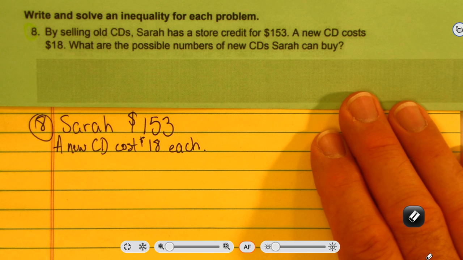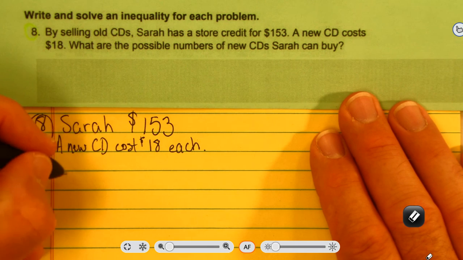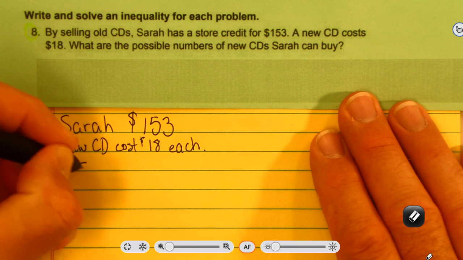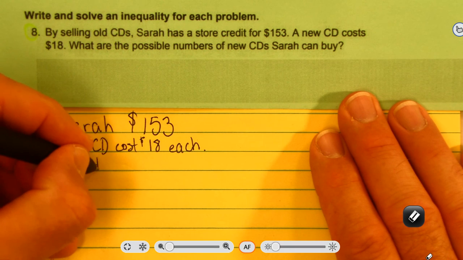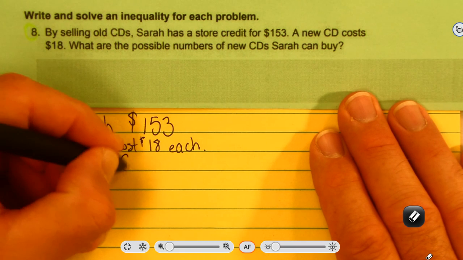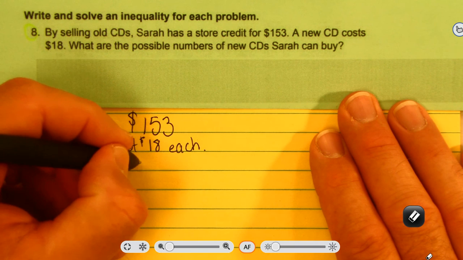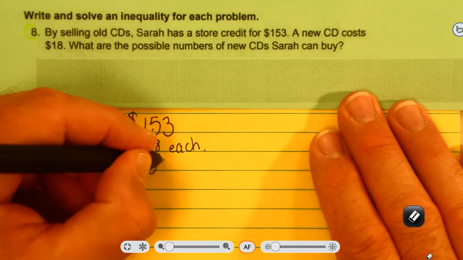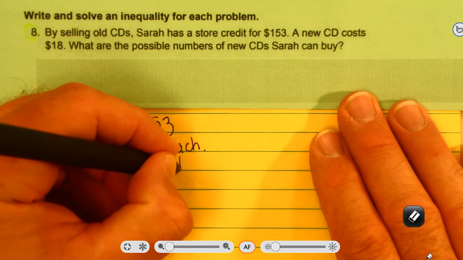So we need to establish a variable. Anybody want to throw a variable at me? Trey, you got one. Give me a variable. C, okay? We'll let C equal the number of CDs that she can buy.